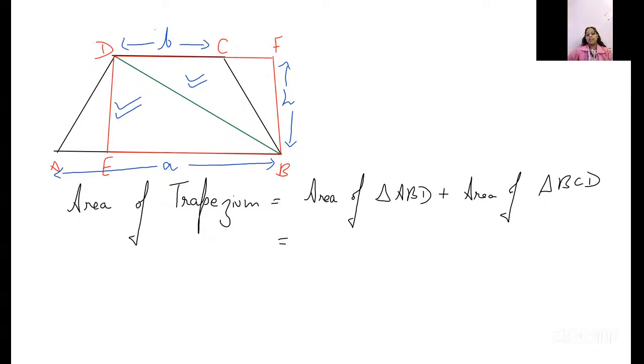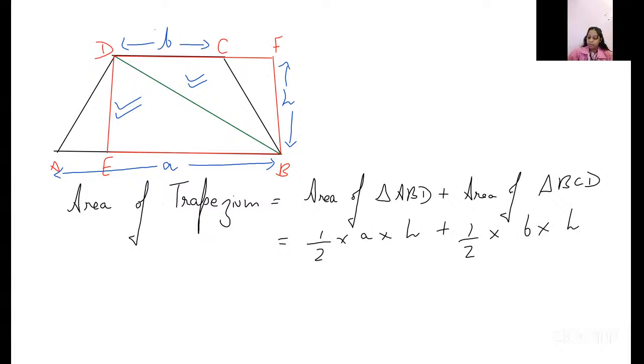Because the upper line of our trapezium is BC, we don't take it till F. We just take it till D, from D to C. Now putting this in the formula: half into A into H plus half into B into H.